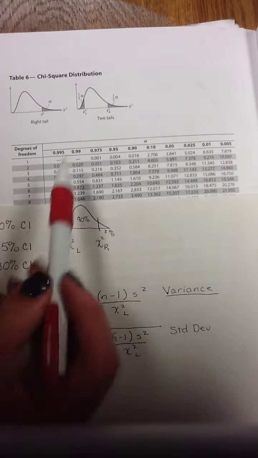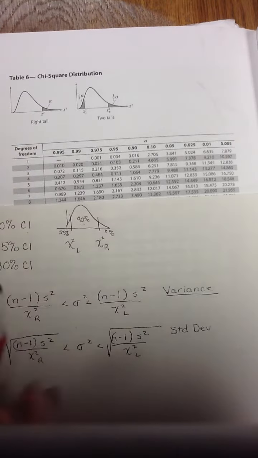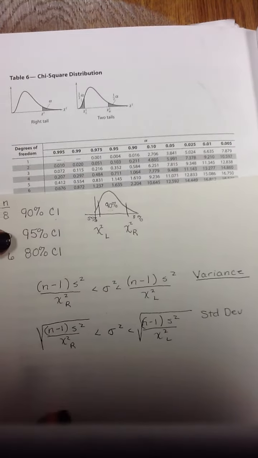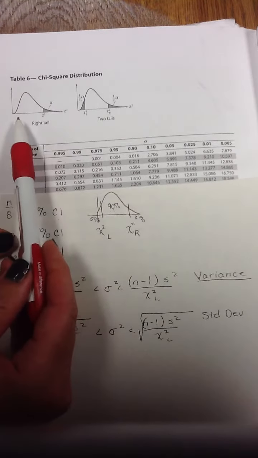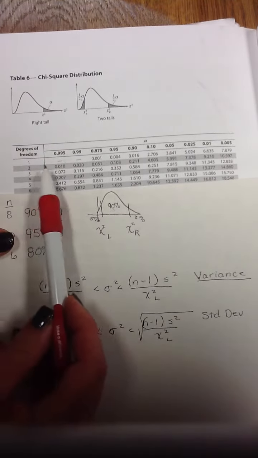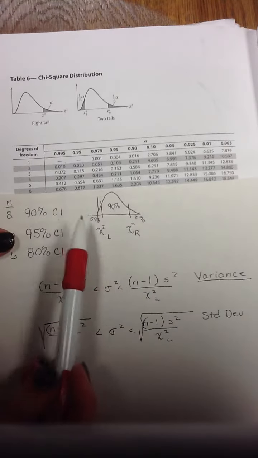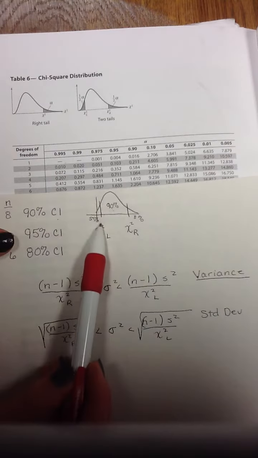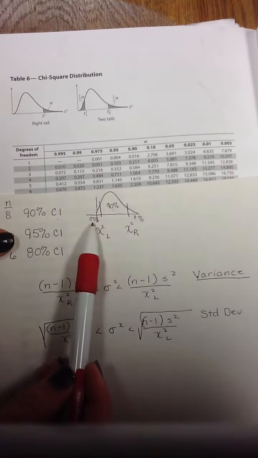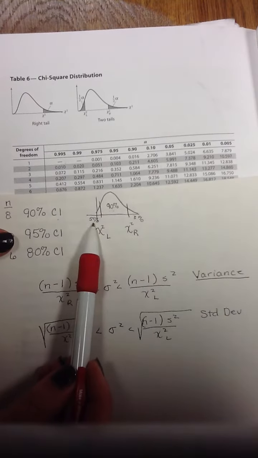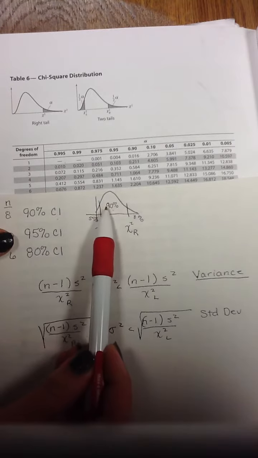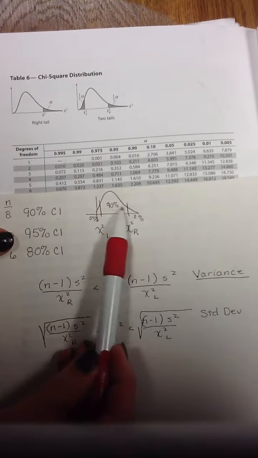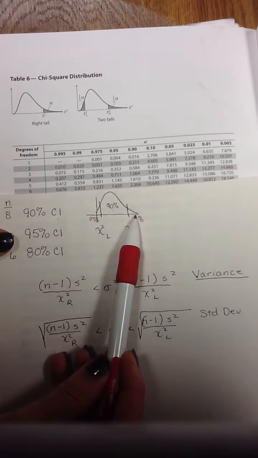When I am looking at this chart, it's totally opposite of the normal chart. Instead of these being read to the left, they're actually areas to the right. So if I'm looking at this cutoff, the 5% or 0.05, what I'm looking at instead is that it's 95% total to the right of it.